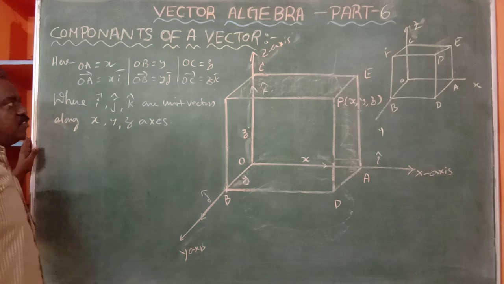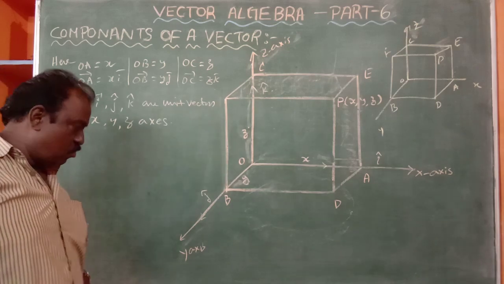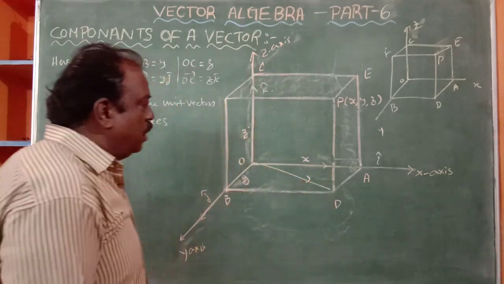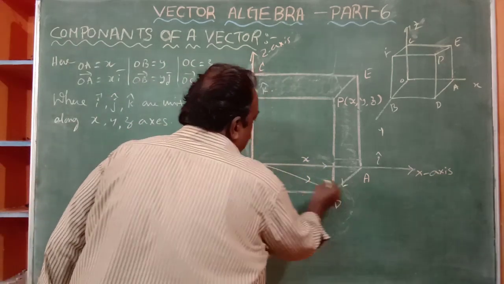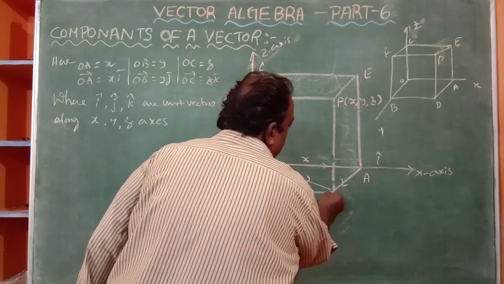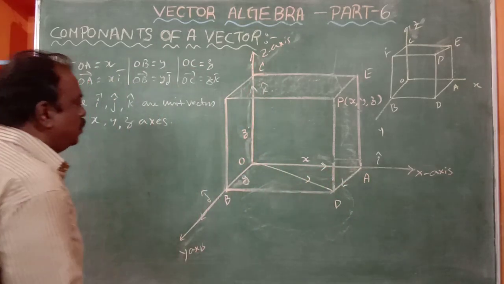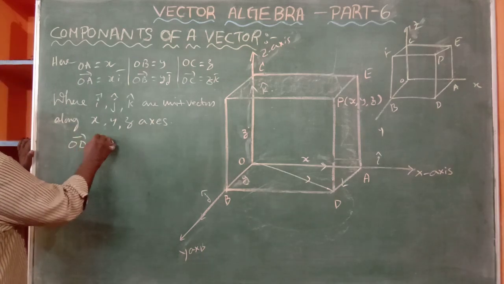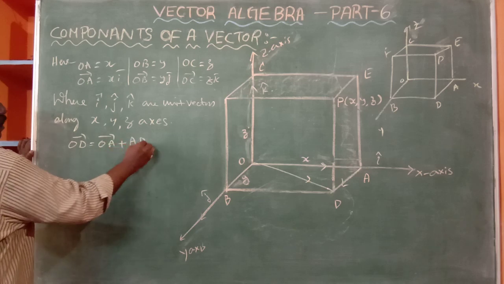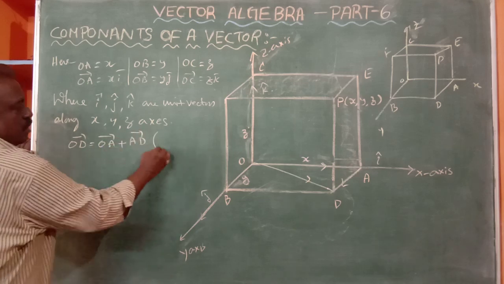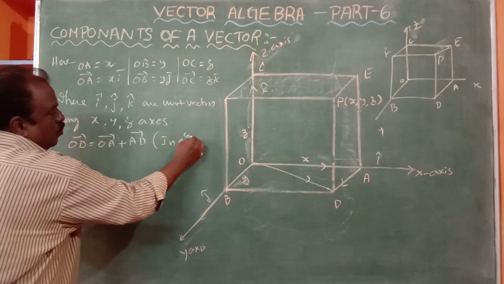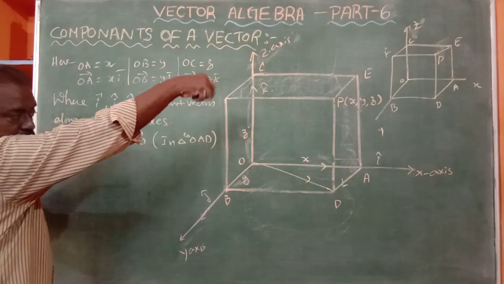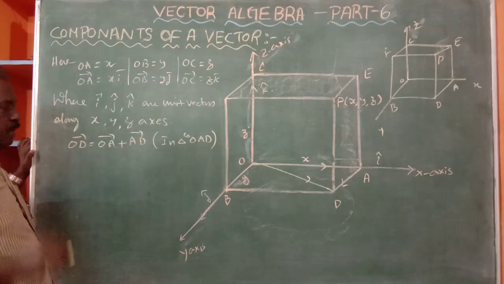Now the thing is OD bar. What is OD bar? You see, OD bar is equal to OA bar plus AD bar. Will you agree? In the triangle OAD, from the triangle OAD, O to A to D is OD bar displacement.